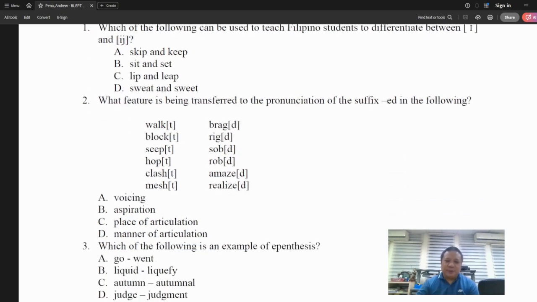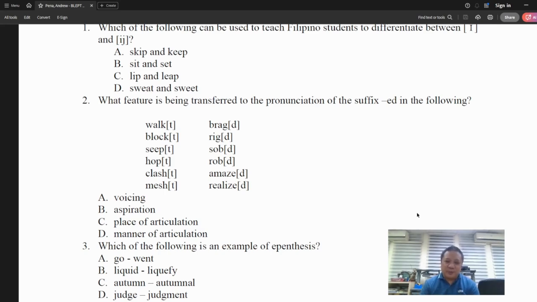Number two, what feature is being transferred to the pronunciation of the suffix ed in the following? Walked, blocked, seeped, hopped, clashed, meshed, bragged, rigged, sobbed, robbed, amazed, realized. A, voicing. B, aspiration. C, place of articulation. D, manner of articulation. The answer is voicing.